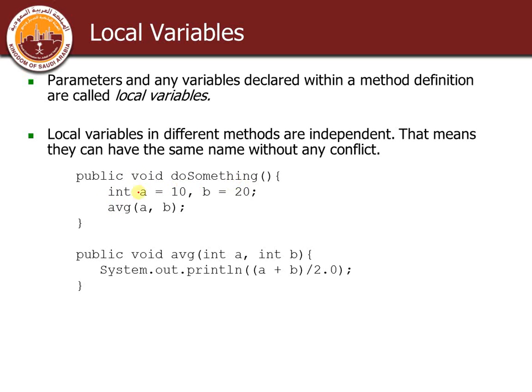This doSomething is declaring two variables A and B, and then puts those A and B as arguments of this avg, which is another method that takes two numbers and displays the average. It doesn't return the average, it just displays it on the screen. It calculates the first one plus the second one divided by 2.0, and the .0 is very important because if I didn't do it, the result would be an int, so it is not going to be very accurate.